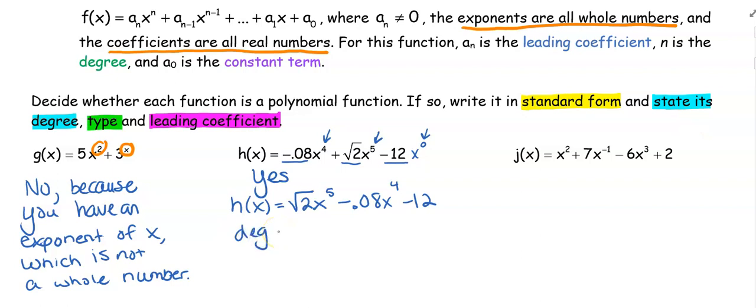The degree is the highest exponent, so in this case, 5. And then I'm going to go to leading coefficient next. LC, leading coefficient. And remember, the leading coefficient is going to be the coefficient that goes along with that first term. So that's going to be the square root of 2. Because the degree is 5, this was not on your list, but it's going to be quintic.